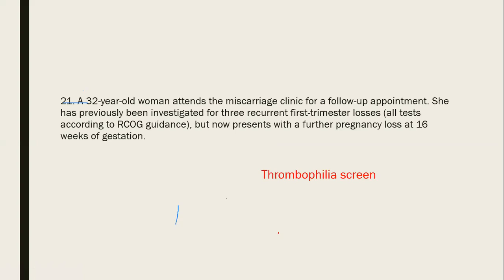According to RCOG guideline, thrombophilia is not recommended for all cases, so she hasn't done thrombophilia screen. She already did all tests, including the one you said, the product of conception. This is her fourth pregnancy loss, not third. After third, she did everything except thrombophilia. Now she has it in the second trimester, so thrombophilia screen should be done.